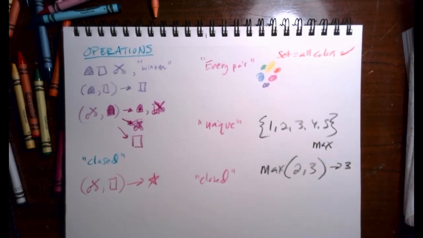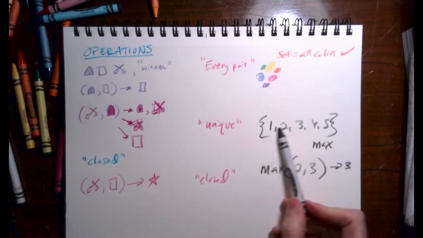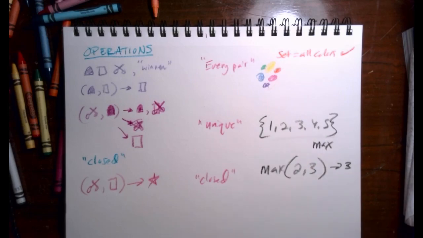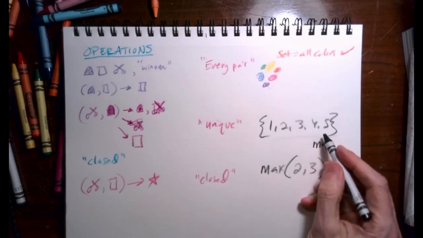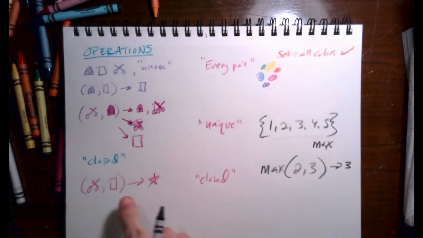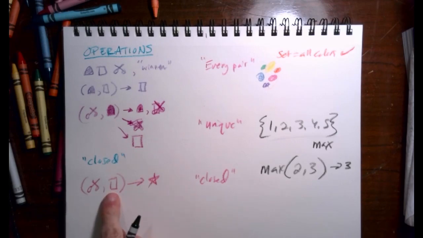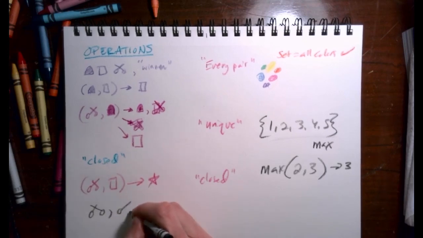Is this an operation? Well, let's see. Can I take every single pair here and get the max? I think I can. Now, one thing we didn't really go into with rock, paper, scissors is if you get a tie. I forgot to talk about that. So what if you have scissors, comma, scissors?